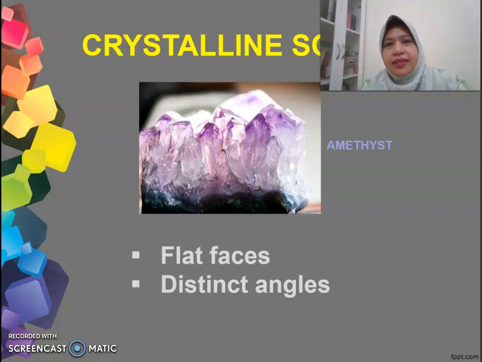Crystalline solids are those whose atoms, ions or molecules have an ordered arrangement extending over a long range. This order on the atomic level is also seen on the visible level because crystalline solids usually have flat faces and distinct angles.